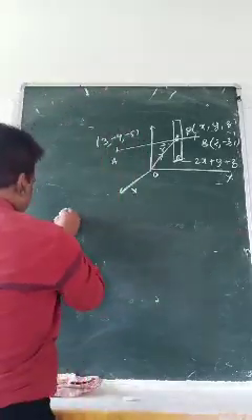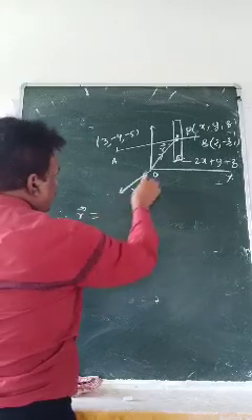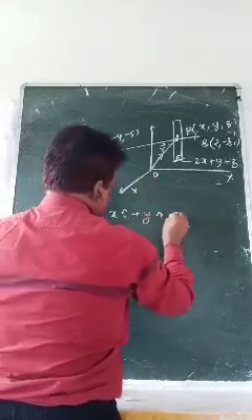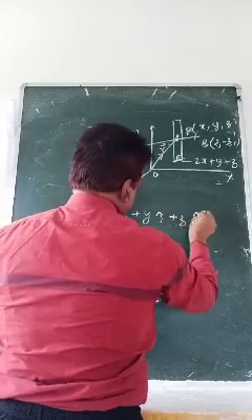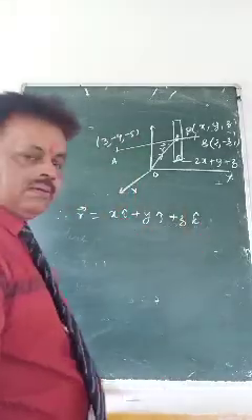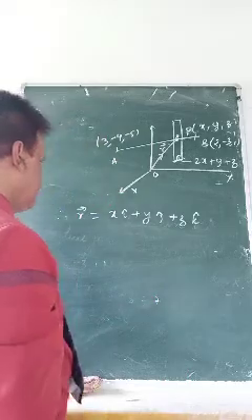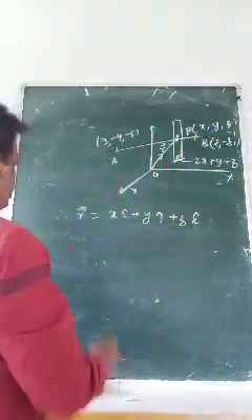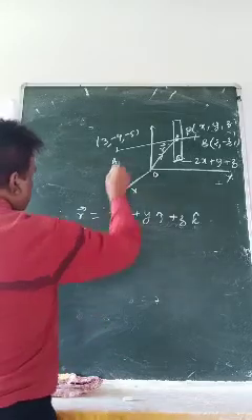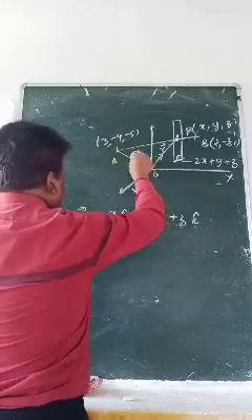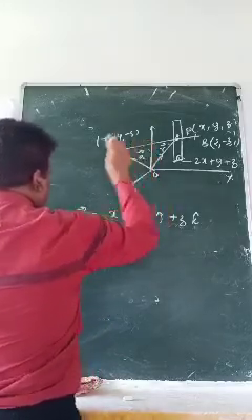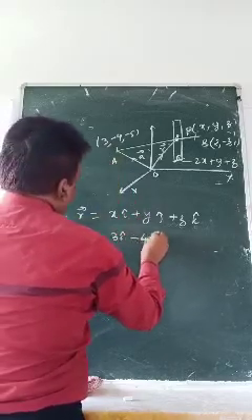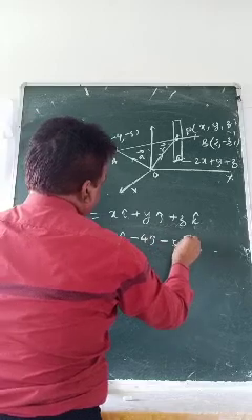R vector will be xi + yj + zk. Then you want to find x, y, z. A vector, which one? This is your A vector, 3i - 4j - 5k.